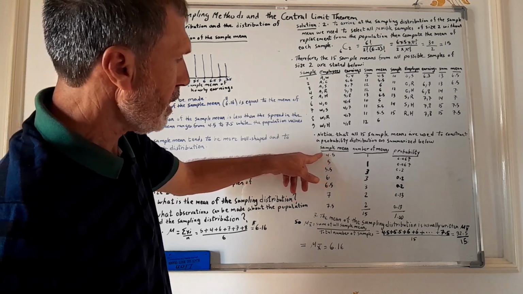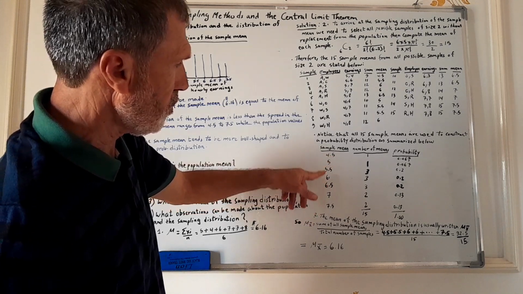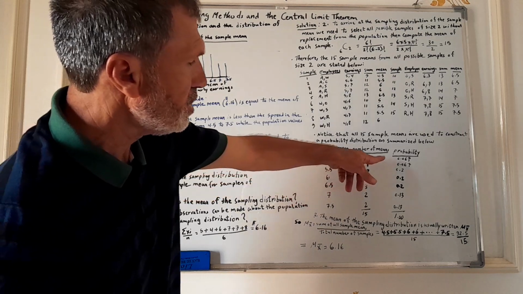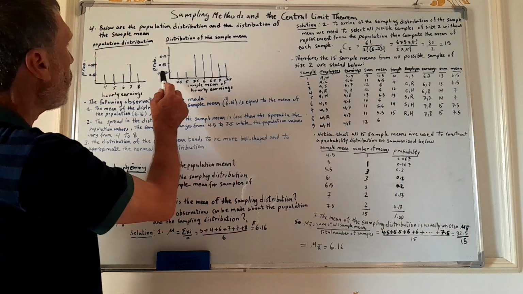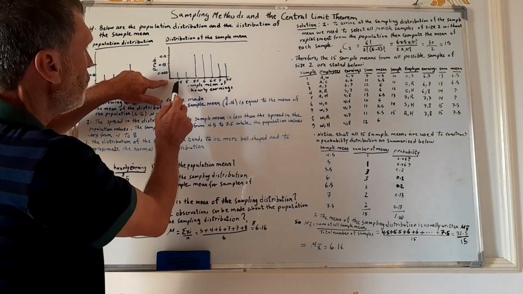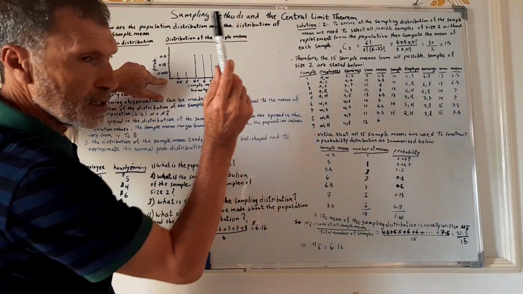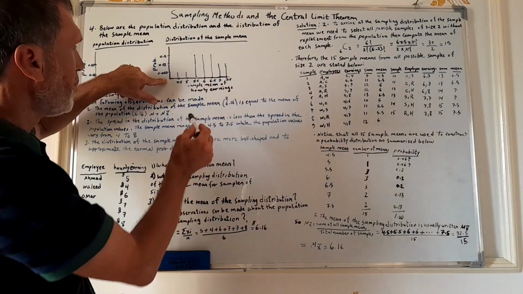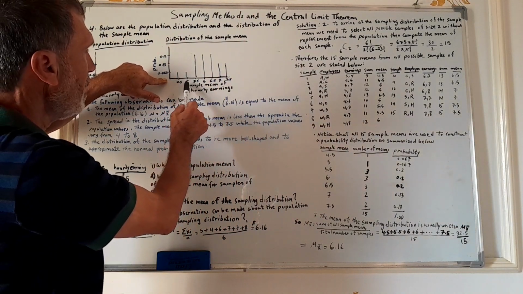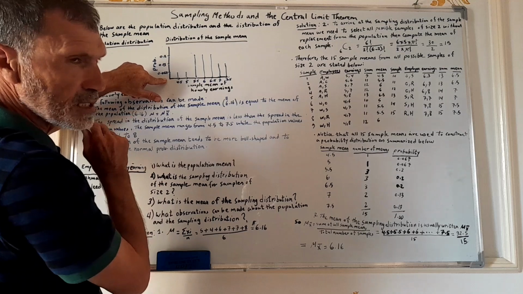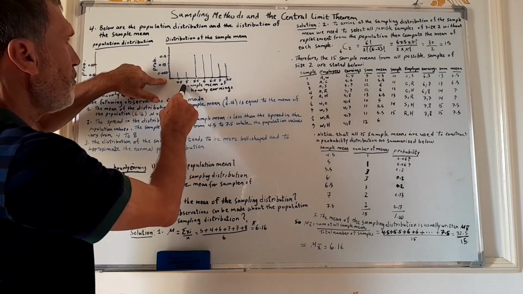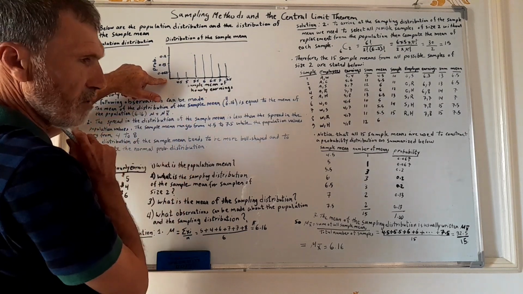So 1 out of how much? 1 out of 15, 0.067. So for 4.5 and 5, we get 1 each. The probability of getting 4.5 is 0.067. The probability of getting 5 is also 0.067.